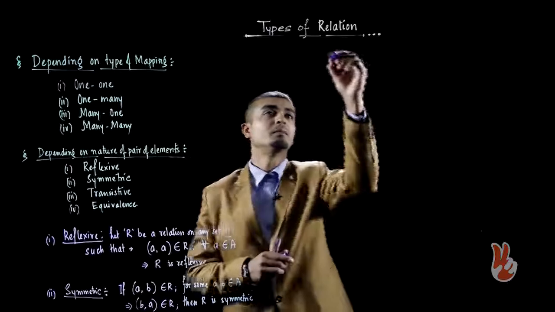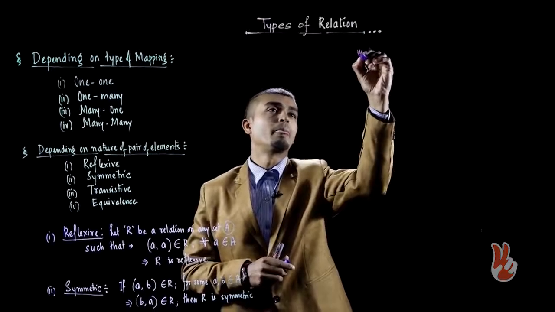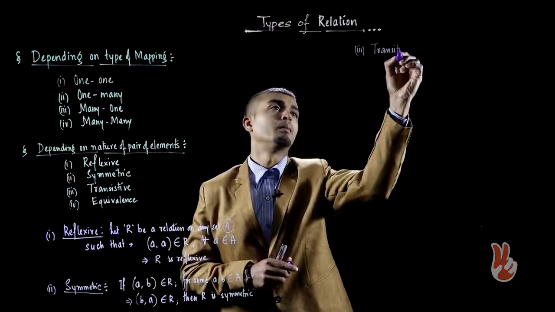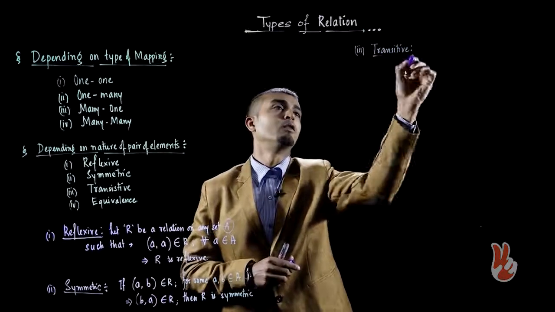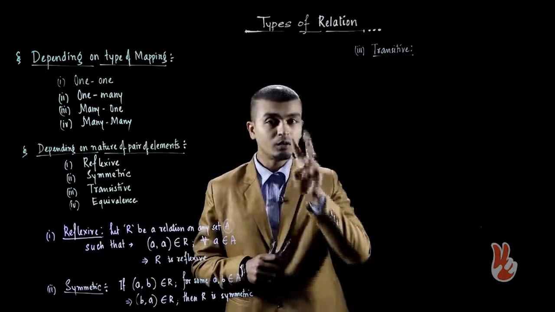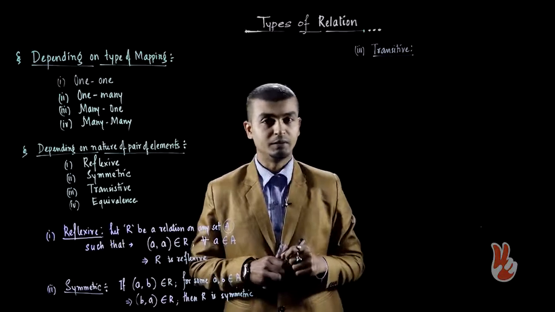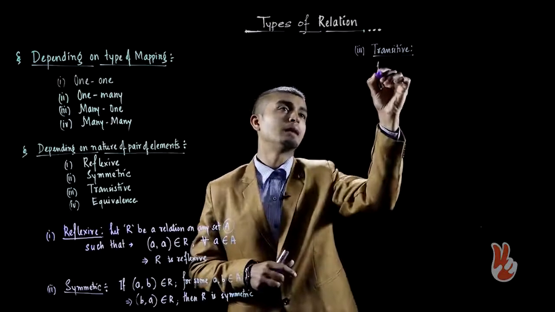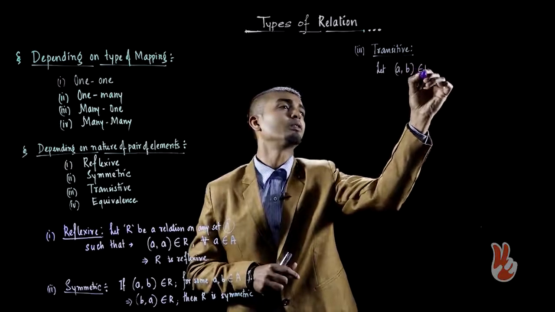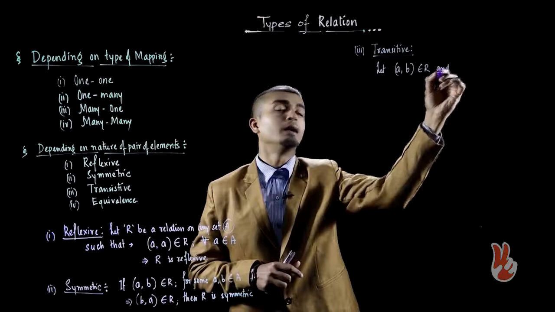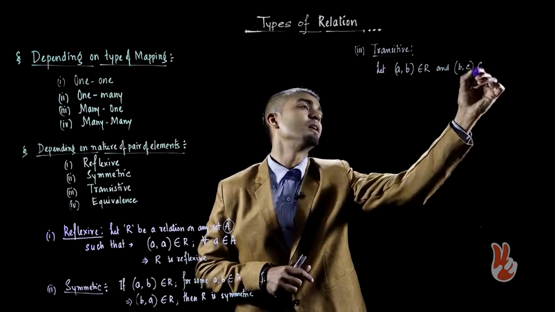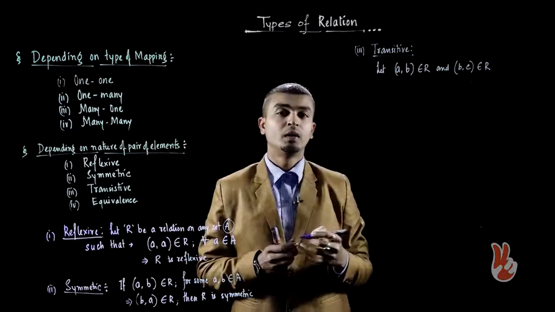Number 3 is your transitive. Now, for knowing what is transitive relation, let us consider two pairs of elements. Okay? So, let the first pair be (a, b) belongs to R and a second pair starting with b, suppose (b, c) again belongs to R, and what are a, b, c?